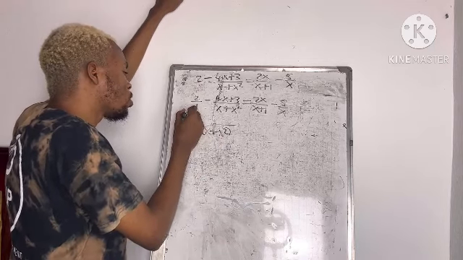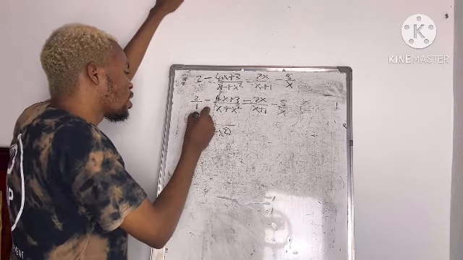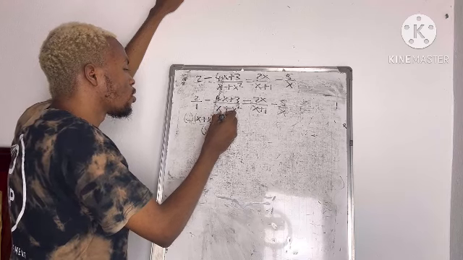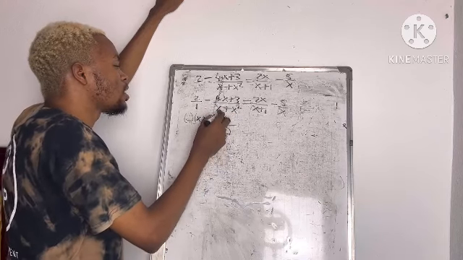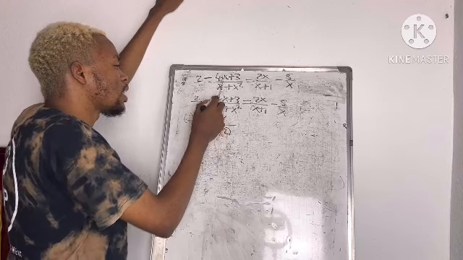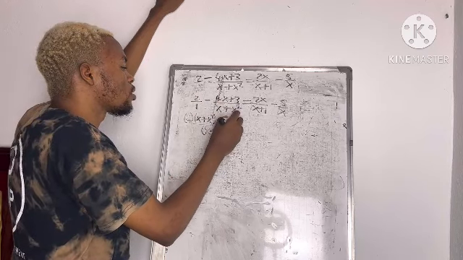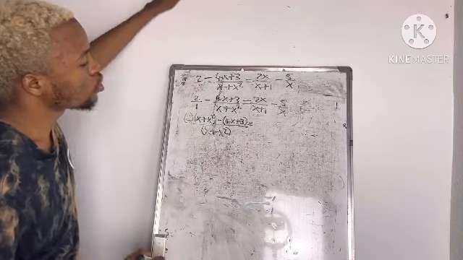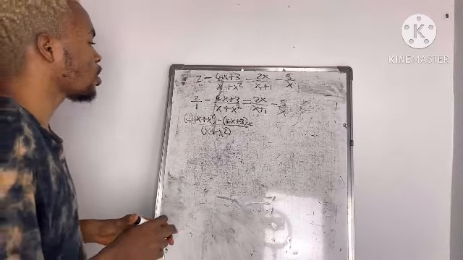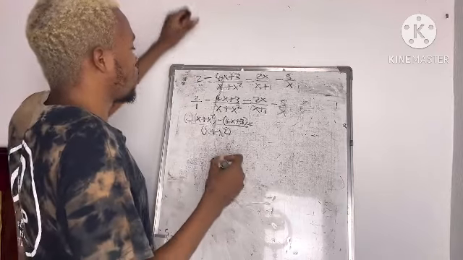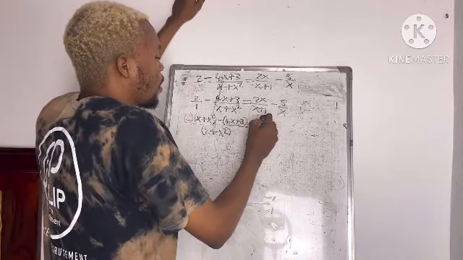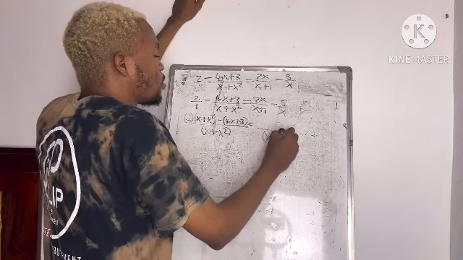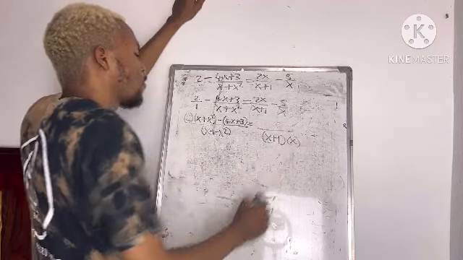So you have 2 into x plus x squared minus x plus x squared divided by x plus x squared gives you 1 times 4x plus 3. You have 4x plus 3 equal to, now talking about the other side, our LCM here is x plus 1 times this x, which is x here.